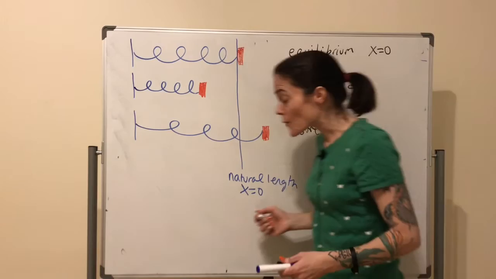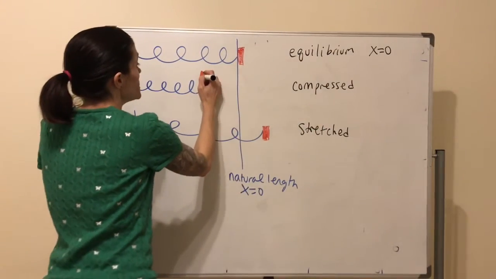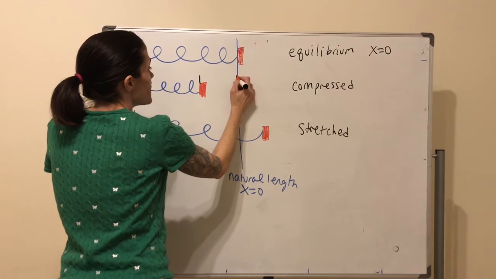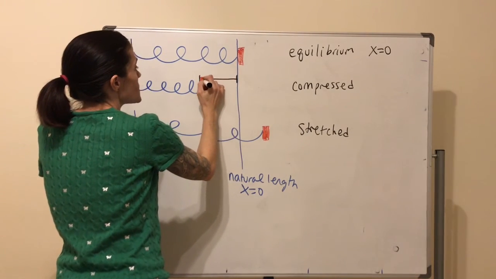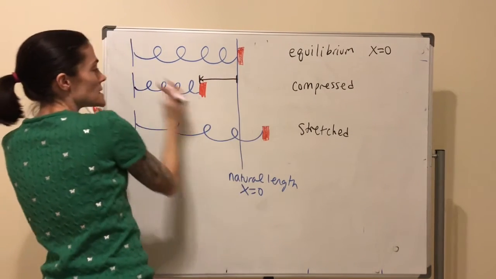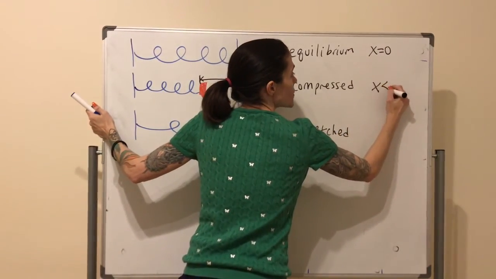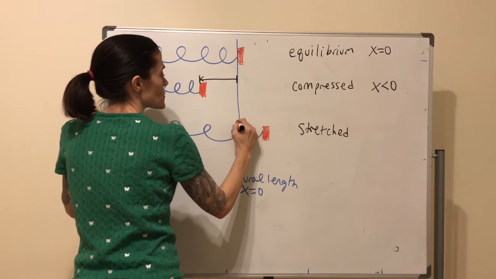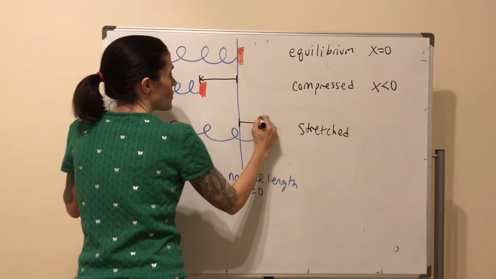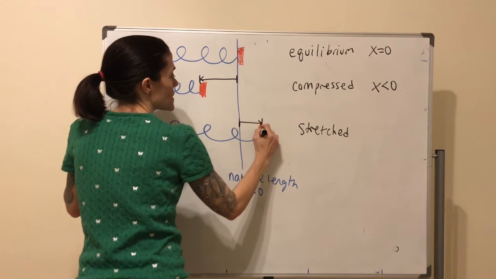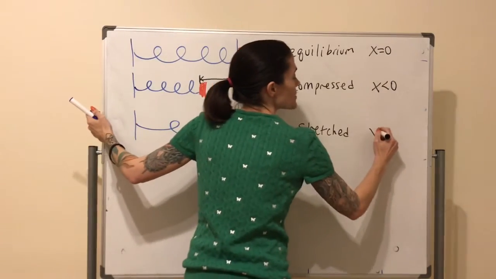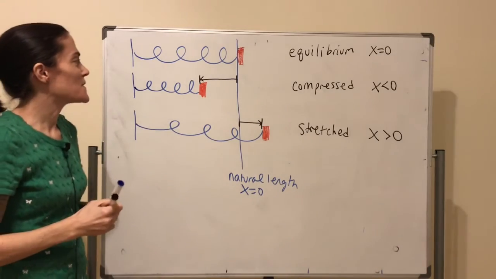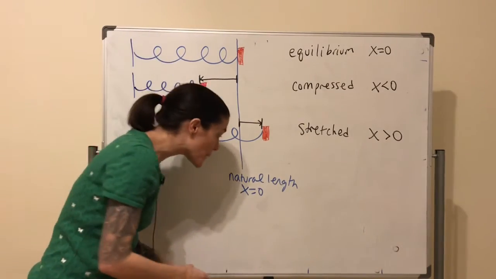If you are compressed, you are at some location that's negative, and if you are stretched, so it goes from equilibrium to the end of the spring like this, then you're at some location that is positive. Okay, so these are the different things that can happen with a spring.